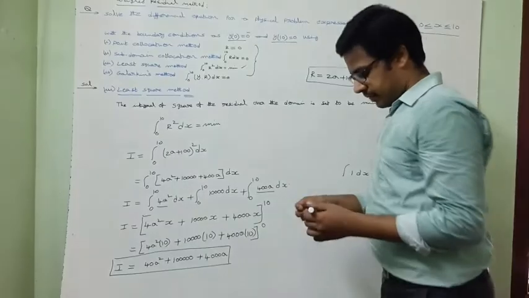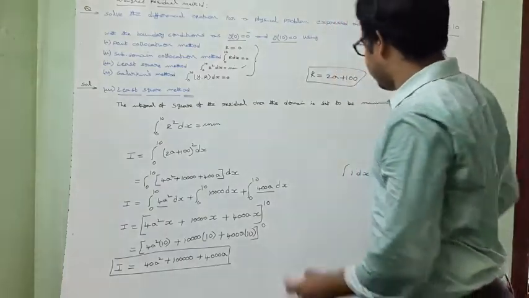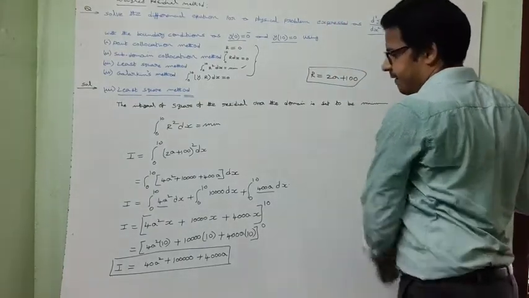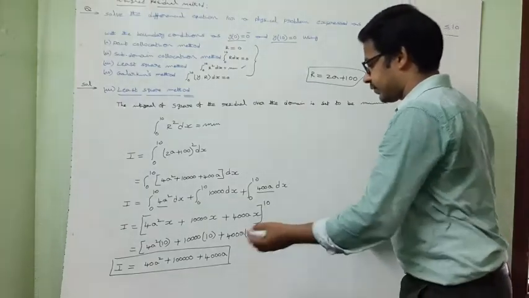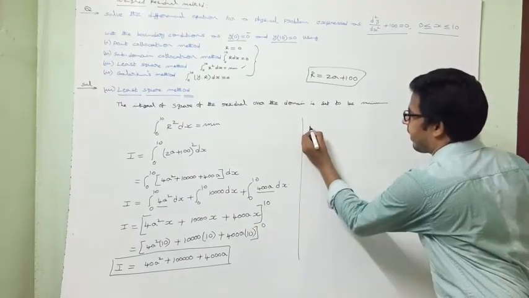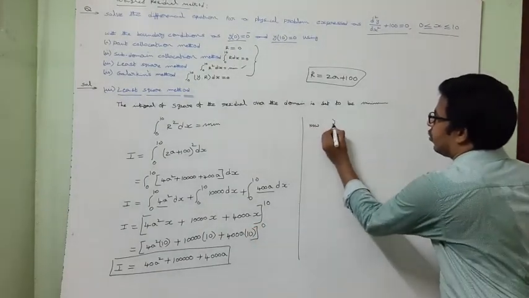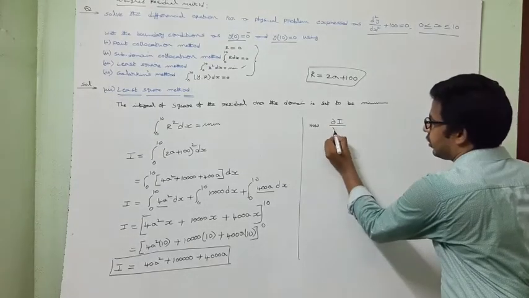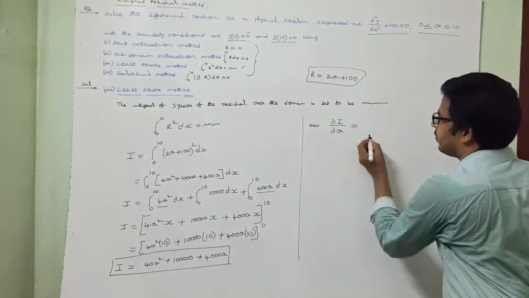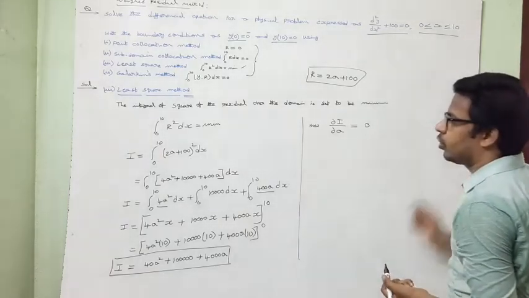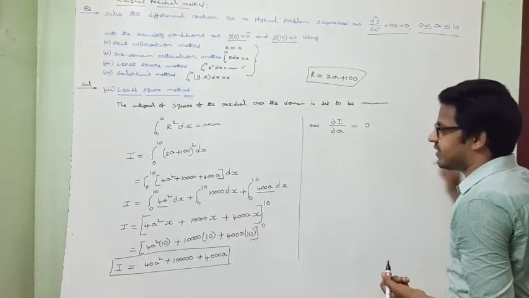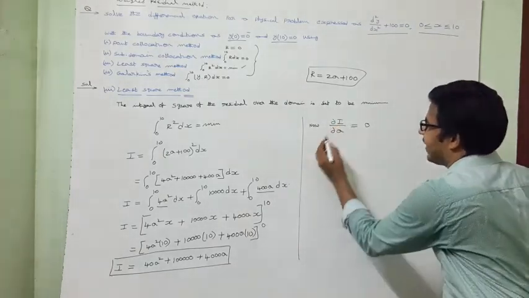So now, dou I by dou a is equal to 0. What is the I value?